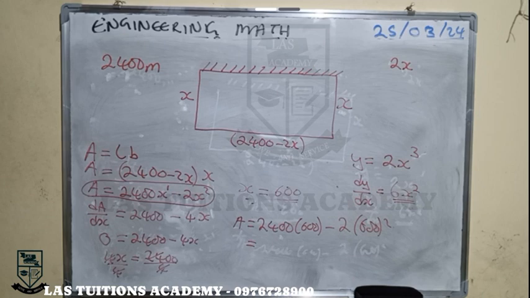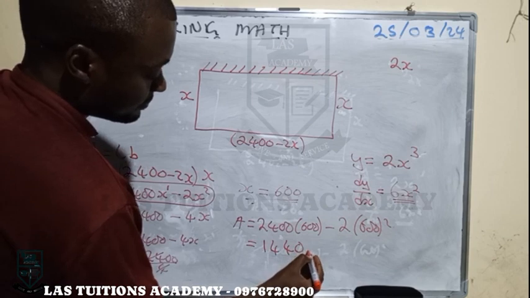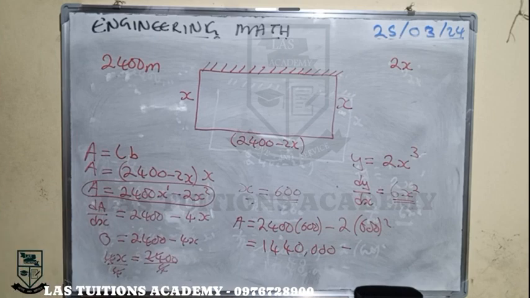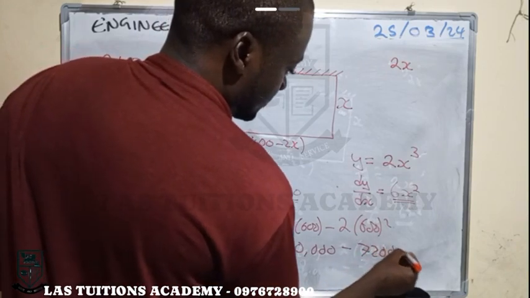We get 1,440,000. 1,440,000 minus, what is 600 squared then times 2? 720,000. 720,000.